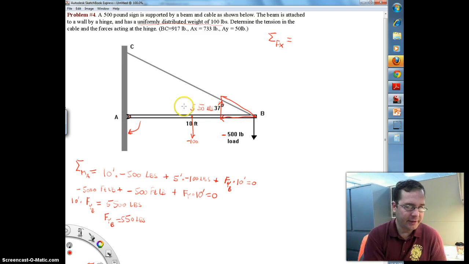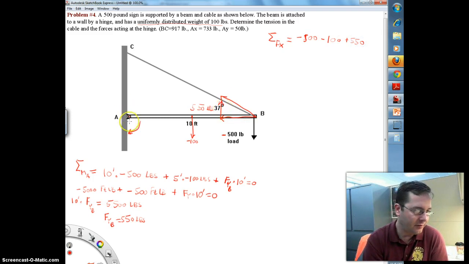Now, we've calculated at this point all of the forces in the y direction, so we can add them up. So let's look at the forces. The force in the y direction equals the negative 500-pound load that the sign is creating, the negative 100-pound load, which is the weight of the beam, the positive 550-pound reaction created by the wire rope, and some force in the y direction at point A. Right? This pivot, because this beam has some weight, has some component.